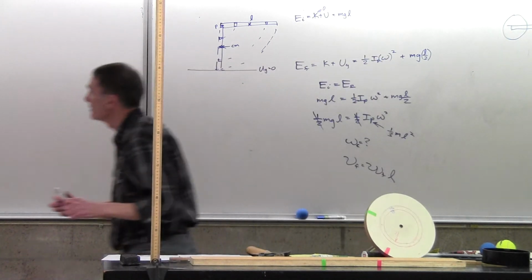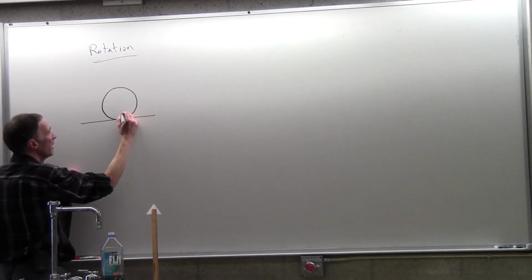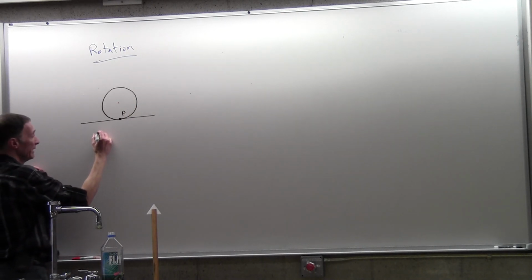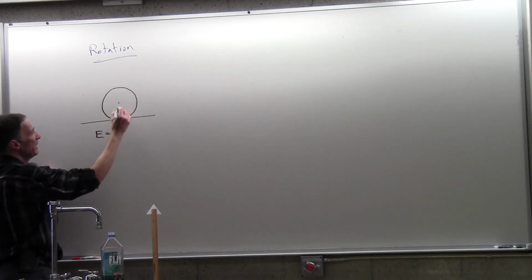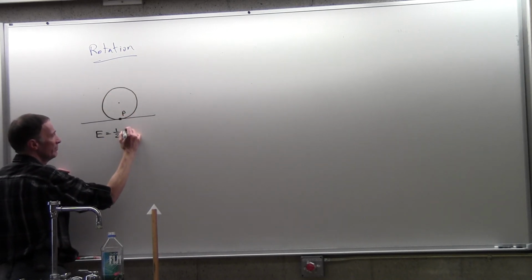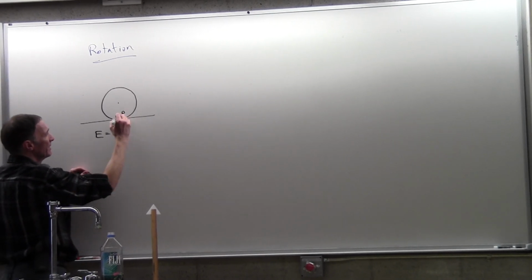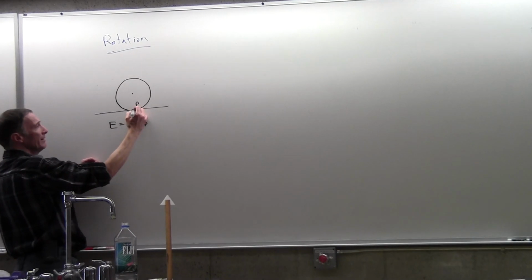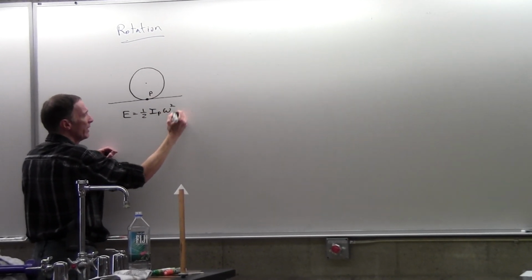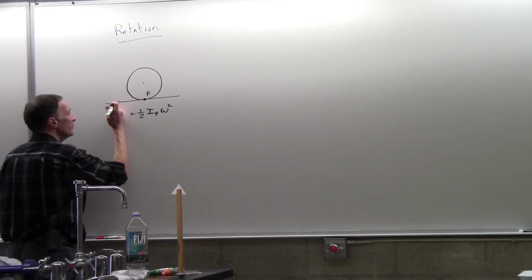So let me say this, that the idea that you are rotating around this point, let's look at the energy here. Well, the energy is going to be 1/2 the I of this wheel or disc, I'll just call I, times, and it's I about point P, that's this point on the rim, times omega squared, and that's the actual, we should call it kinetic energy, okay?